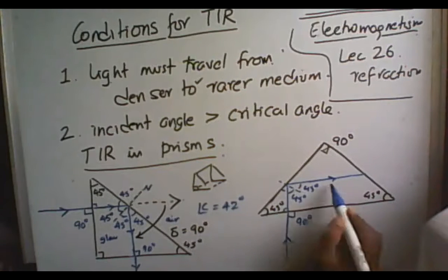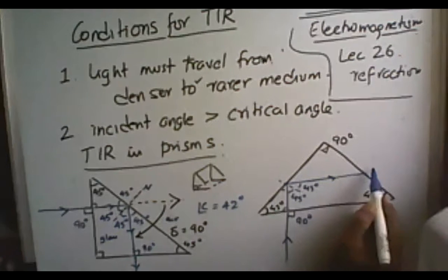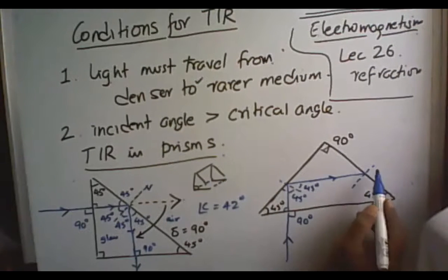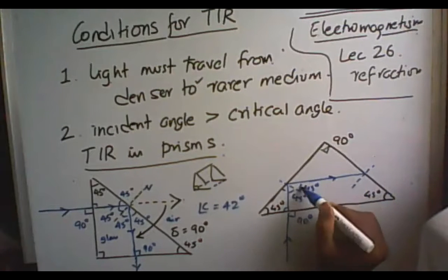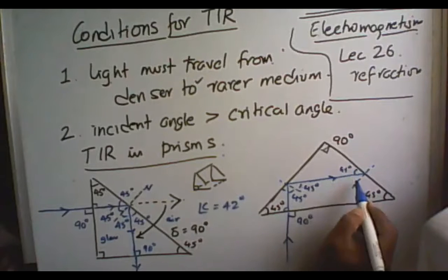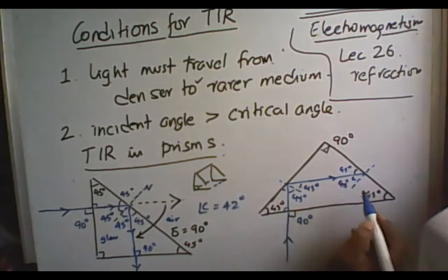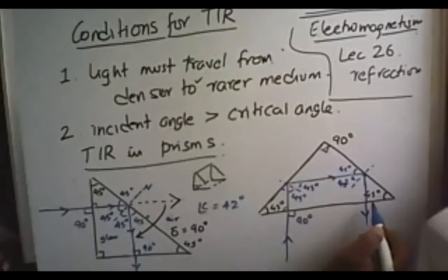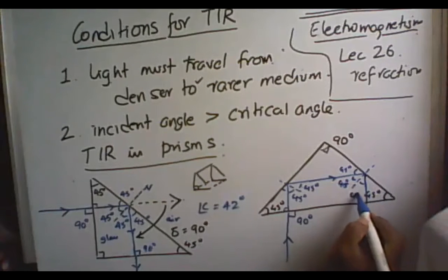Okay. Now this is going to hit over here. Again, if you look at the normal over here, if this is 90 degrees, this is 45 degrees. If this is 45 degrees, this is also 45 degrees. If this is 45 degrees, then there is going to be TIR again taking place. Okay, so this is 45, TIR takes place.